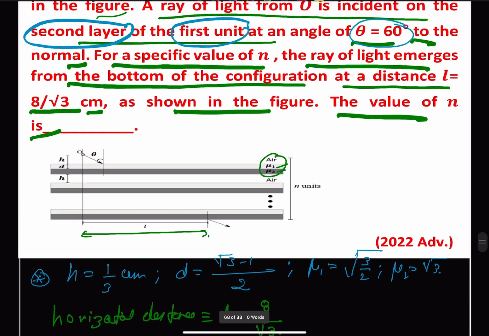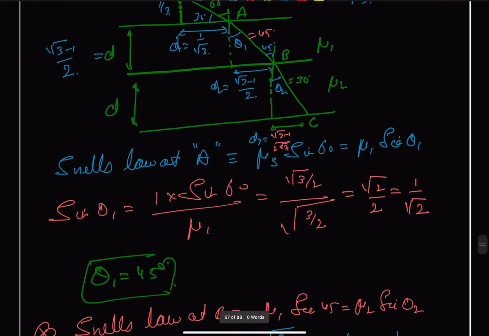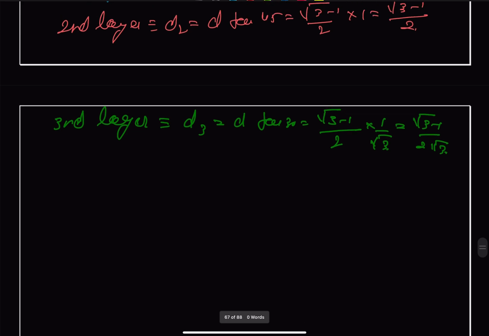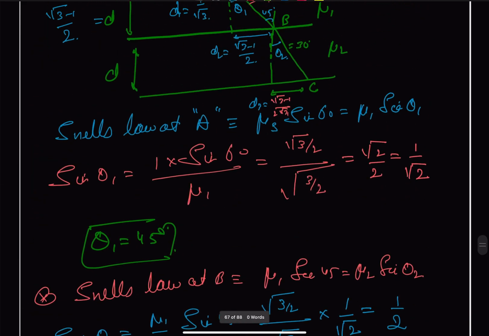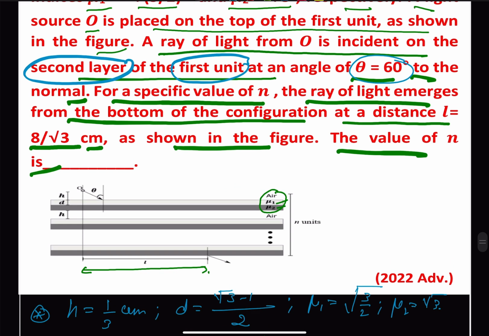Some, I think, if I am reading correctly, is incident on the second layer of the first unit at an angle of 60. Is it correct? Let me check whether this statement is correct or not, because it states that second layer.